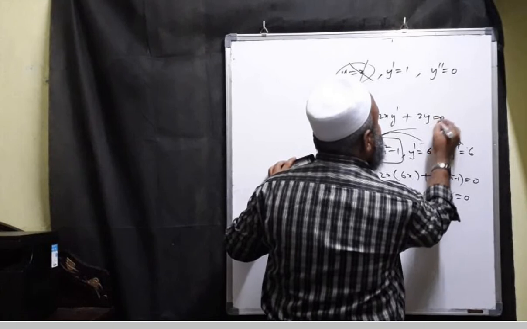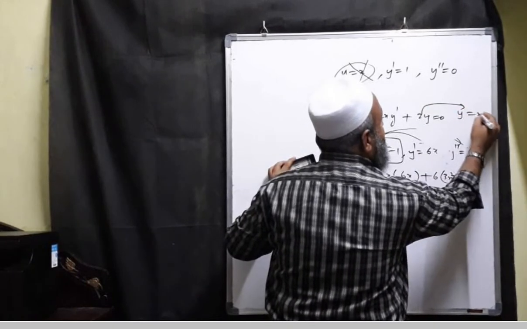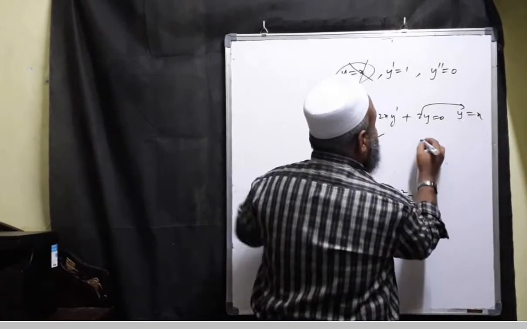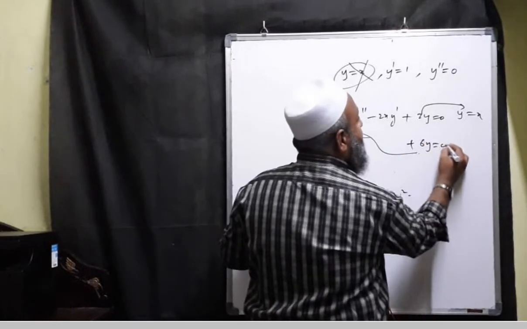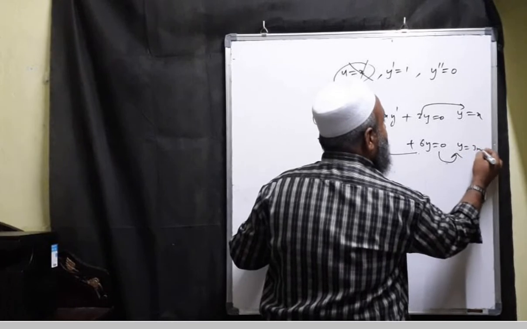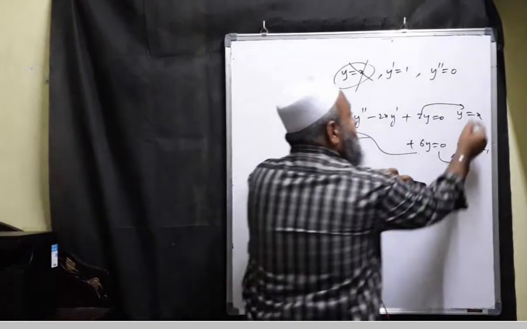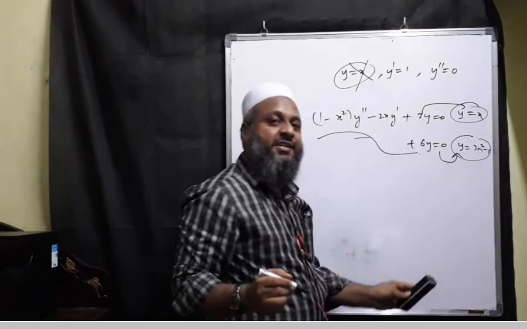Therefore, for 2y, the solution is y equal to x. For 6y, the solution is y equal to 3x square minus 1. How come I am able to get these solutions? Because I know the topic.